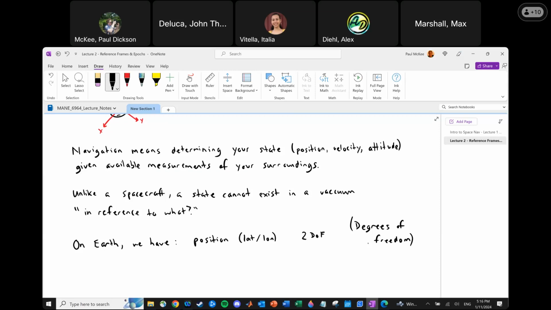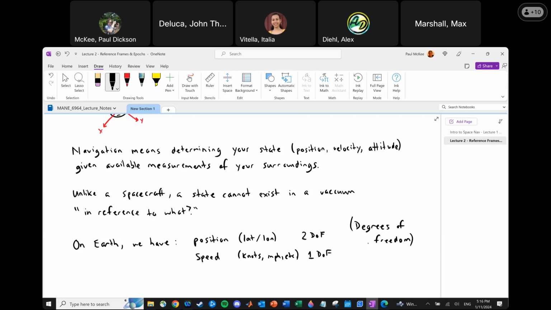You also have speed, which if this were a nautical vessel, we might measure in knots, miles per hour, etc. That's 1 degree of freedom.